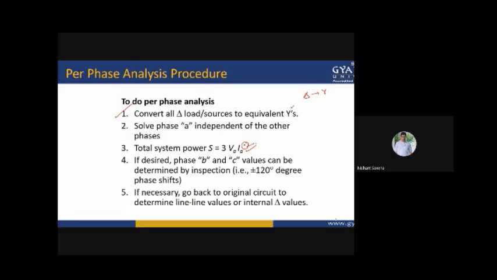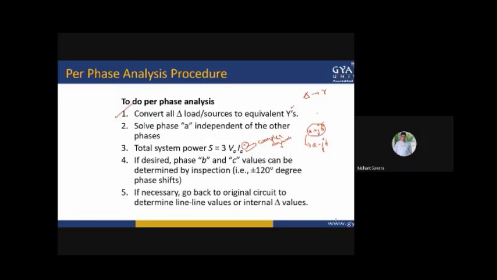A star is basically the complex conjugate. That means if the value is written as A plus jB, then the complex conjugate of it will be A minus jB. We are taking the complex conjugate of the value. That is in rectangular form.